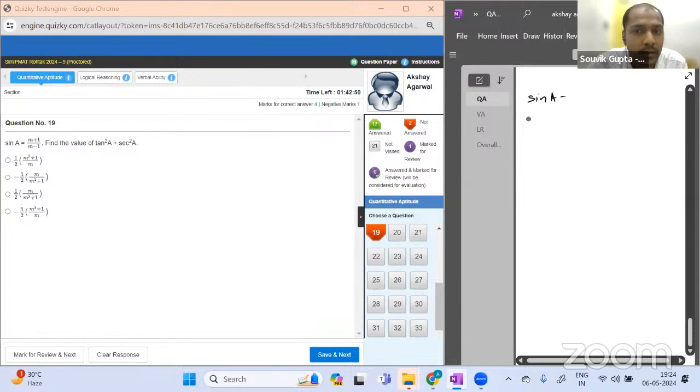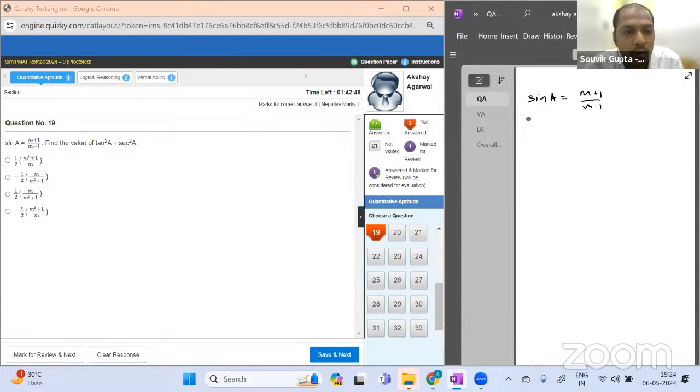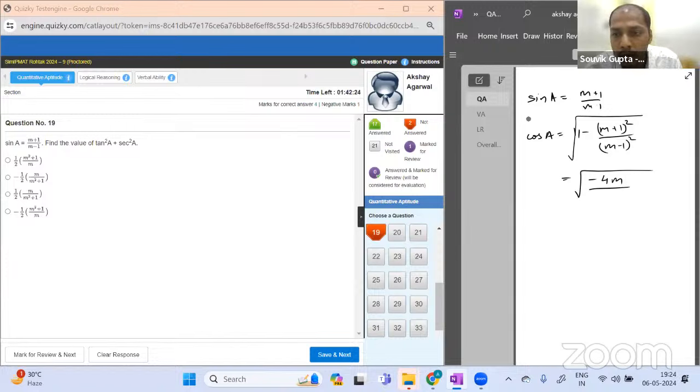Sine A is m plus 1 upon m minus 1. Therefore, cos of A would be equal to the square root of 1 minus m plus 1 the whole square upon m minus 1 the whole square, which is m minus 1 the whole square minus m plus 1 the whole square, so basically minus 4m upon m minus 1 the whole square.